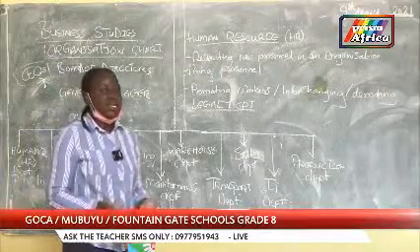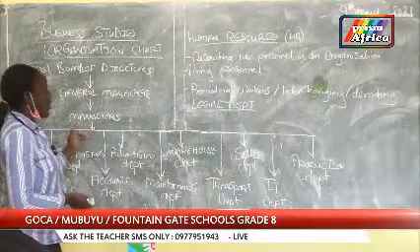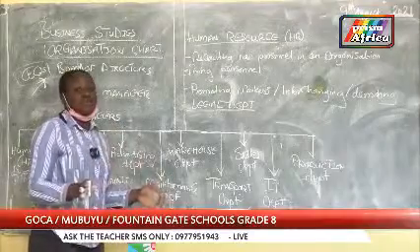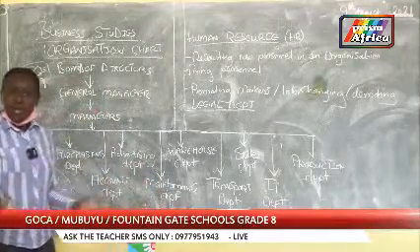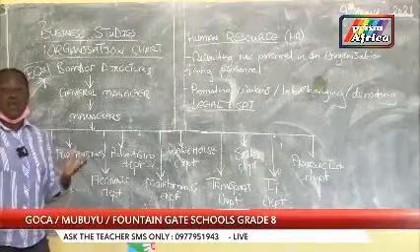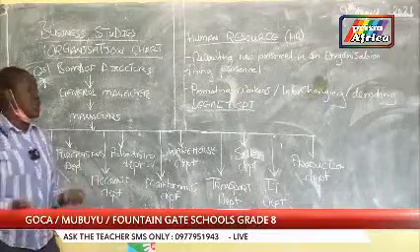Fighting is not allowed. Exchanging words is not allowed. So there are certain rules that an organization sets according to the nature of their business or how they want things to be going on. Some organizations even install cameras to monitor their workers and see if they're violating those rules.